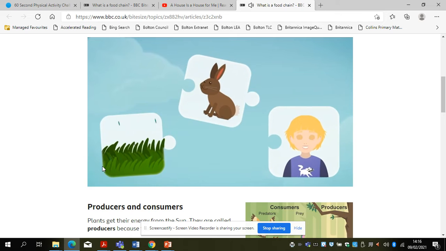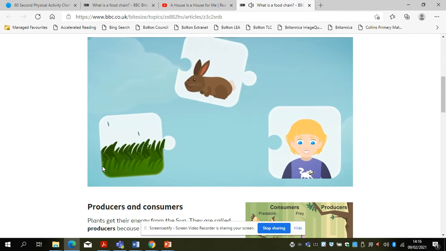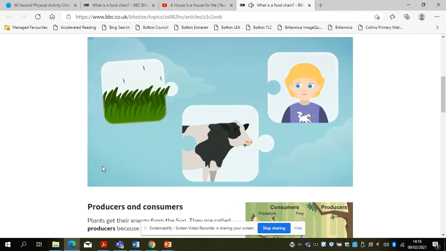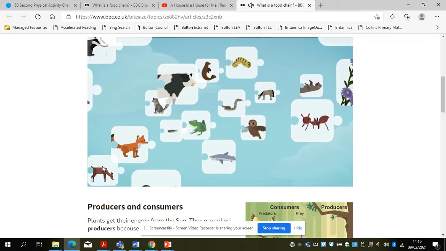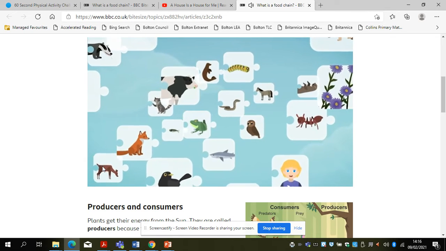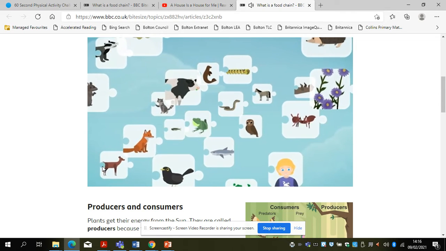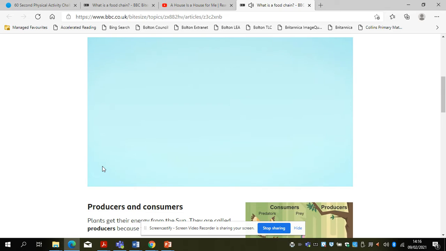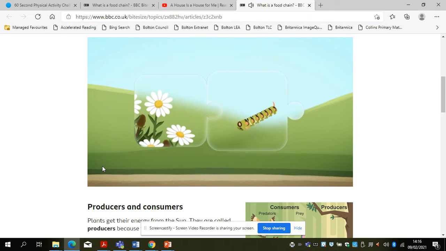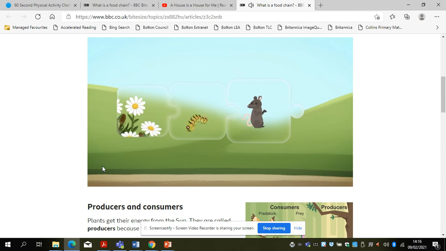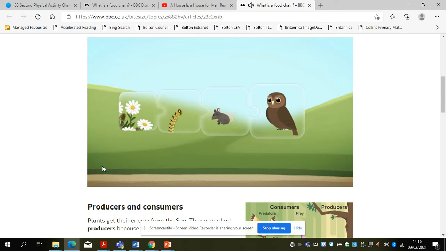Animals and humans don't produce their own food, so they need to eat plants or other animals to get energy and survive. They are all part of a food chain. A food chain shows how plants and animals depend on each other as their source of food. For instance, a caterpillar eats plants, mice eat caterpillars, and owls eat mice. They're a perfectly simple food chain.